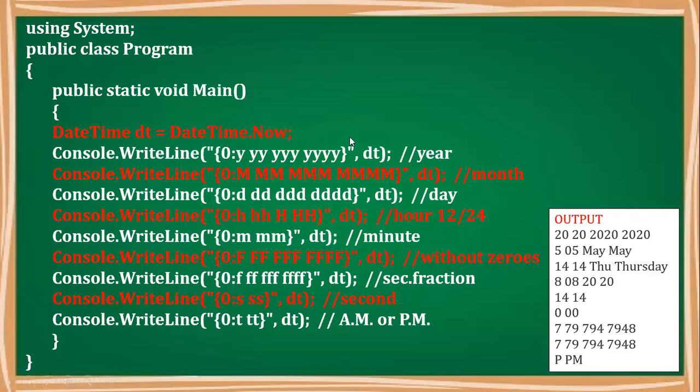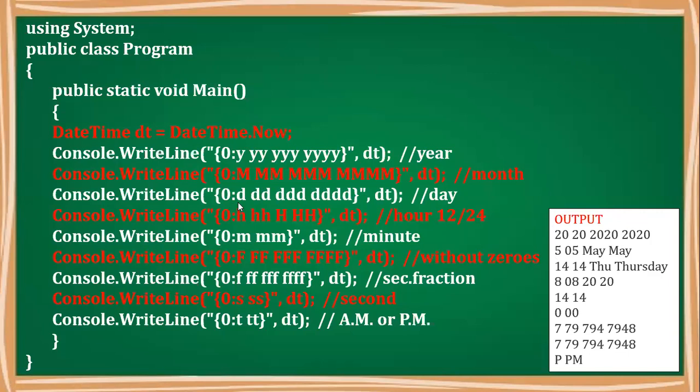The same applies to the second one, M. M will give you the number of the month. Then MM will give you 05, because in the month there is a possibility of putting 0, since months go from 1 to 12. Then if you write triple M, it will give you the name of the month, and if you write four M, it will again give you the name of the month.